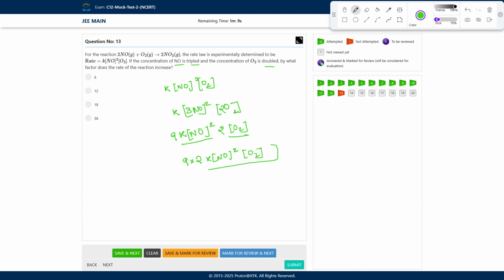And this is the initial equation for the rate, right? So the only thing is 9 times 2 is 18. The rate is going to increase 18 times. Okay, so the question was by what factor the rate of the reaction is going to increase. So the reaction rate is going to increase by a factor of 18. 18 times the initial rate will become the final rate, right? So our correct answer for this question is 18, that is the third option.